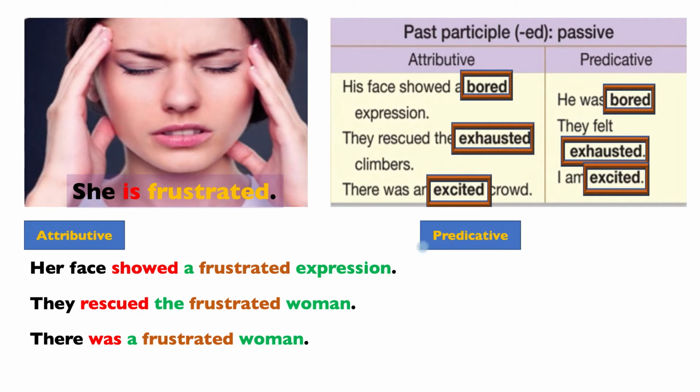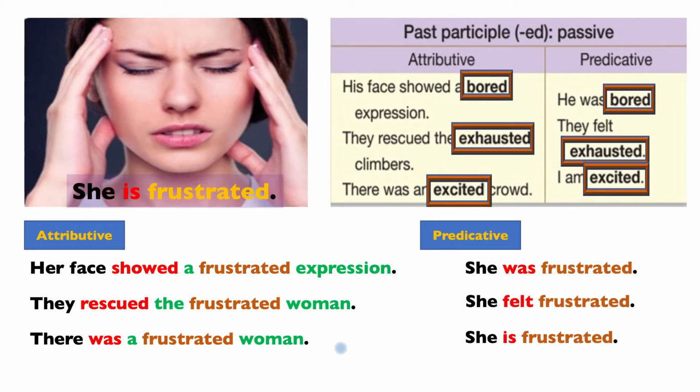Because at the end it changed to woman here. So it's like they rescued the frustrated woman. There was a frustrated woman. Okay. We have to make the story coherent. Yes. Okay. She was frustrated and she felt frustrated. And she is frustrated. Very good.